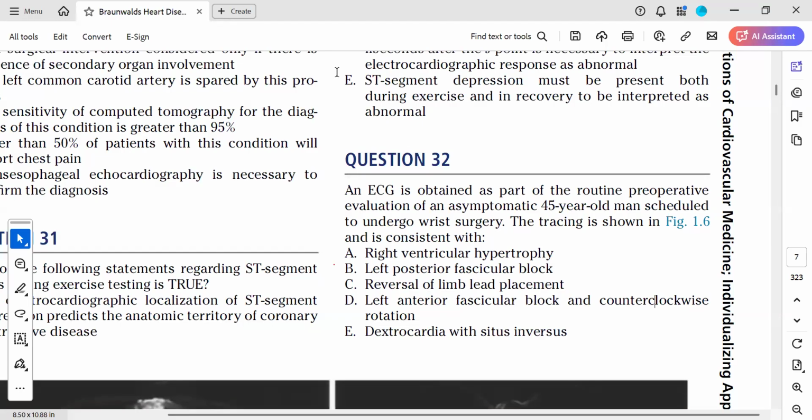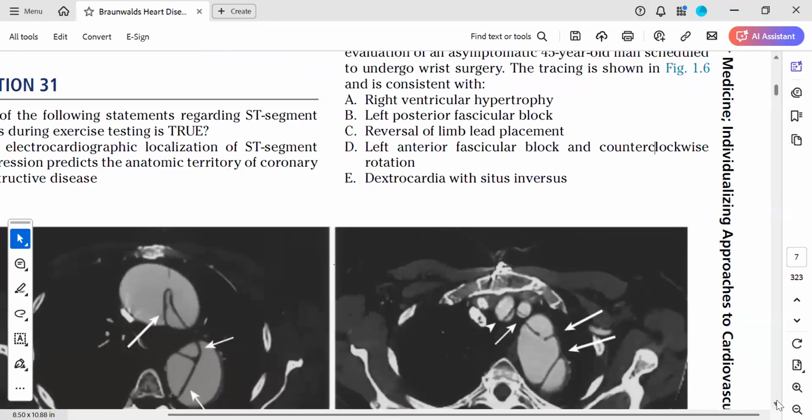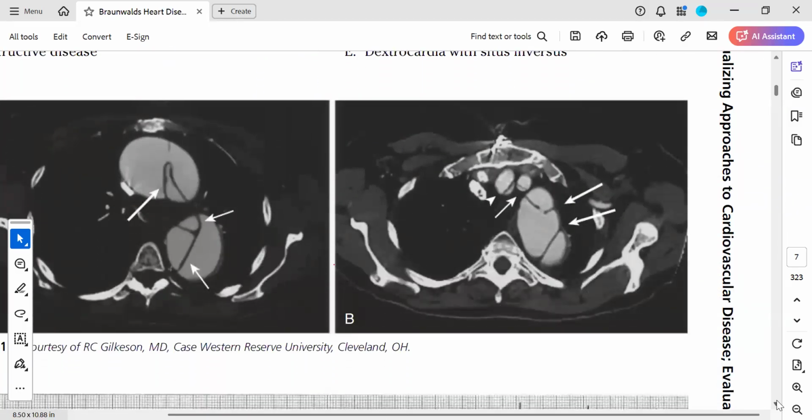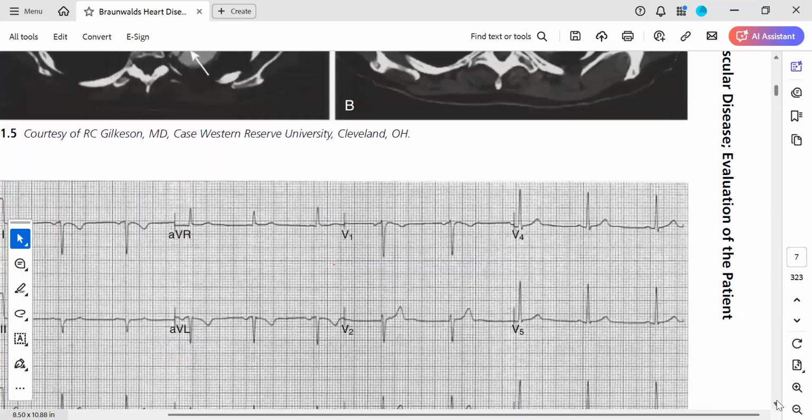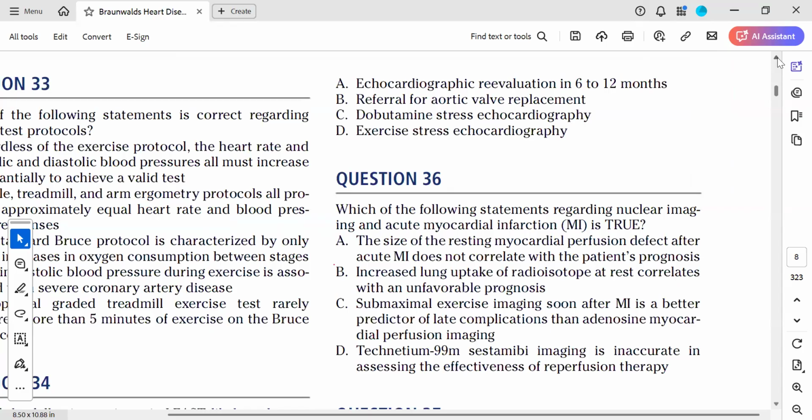...able to undergo a wrist surgery. The tracing is shown in sheet 1.16, and the first question is: is this consistent with a right ventricular hypertrophy?